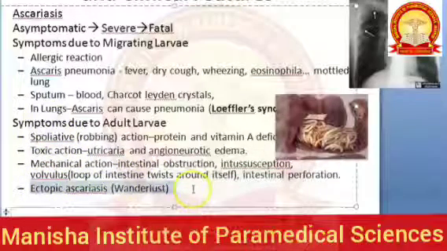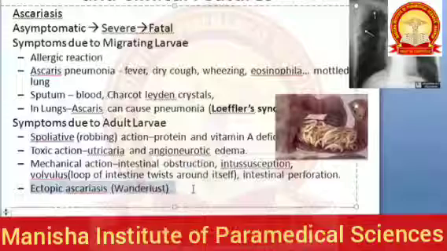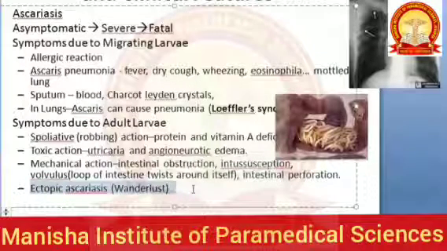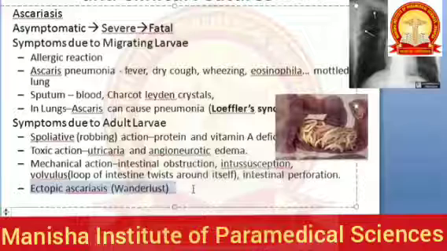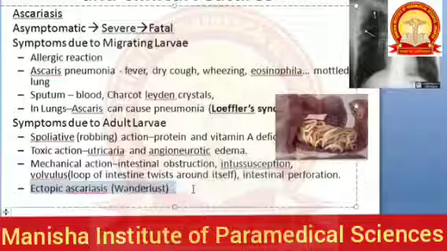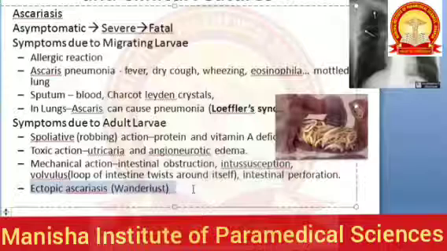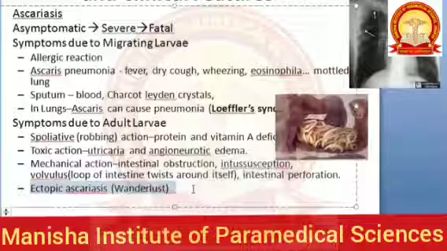Then coming to ectopic ascariasis, that is wanderlust. The worms are restless wanderers, apparently showing great inquisitiveness. They want to explore our body. They tend to probe and insinuate themselves into any aperture they find on the way.